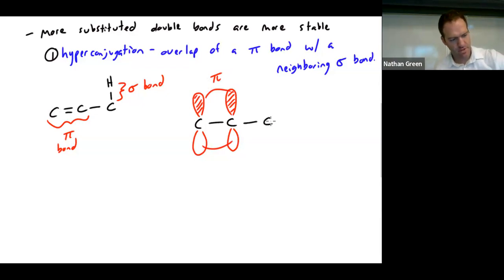Next door, there is a carbon-hydrogen sigma bond. Now this carbon is going to be sp3 hybridized, which means I need to give this carbon an sp3 orbital here. All right, so that's an sp3 orbital. And then the hydrogen has an s orbital.